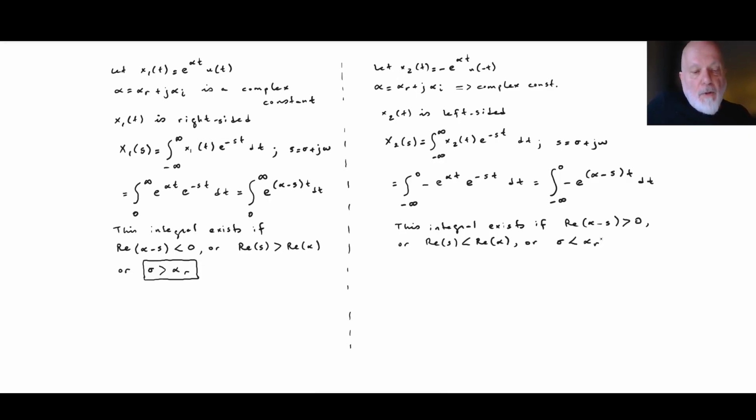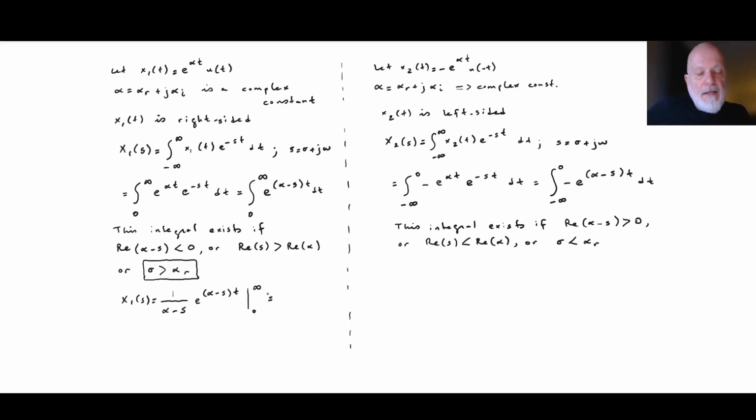Okay, so how do we calculate the integral? Therefore, X1 of s will be equal to 1 over alpha minus s, e to the power alpha minus s times t, evaluated between 0 and infinity.